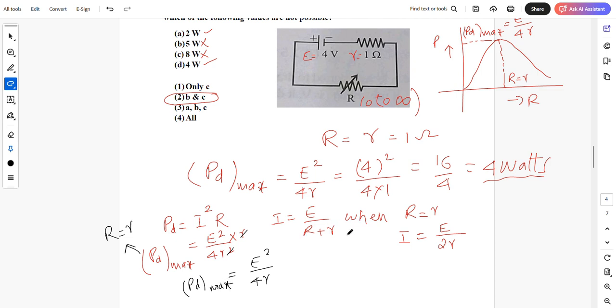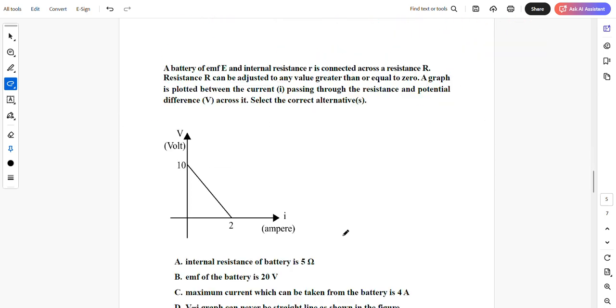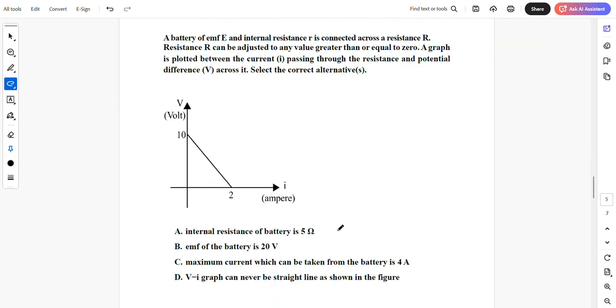Understood? Now we'll go to the next sum. What is it saying? A battery of EMF E and internal resistance r is connected across a resistance R. We have one battery with internal resistance r, and capital R comes here. This is the load resistance connected across the battery.